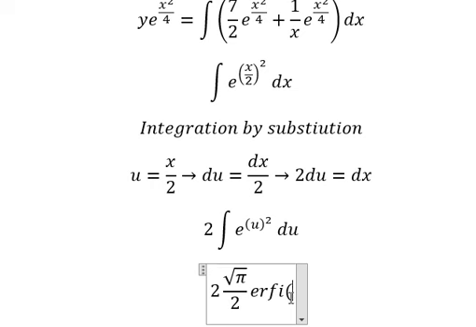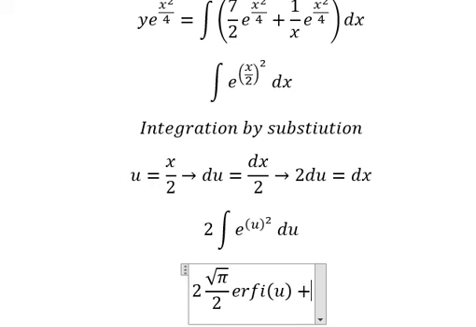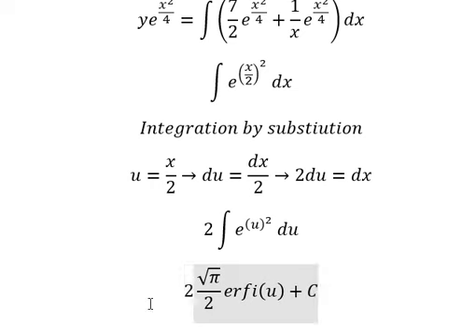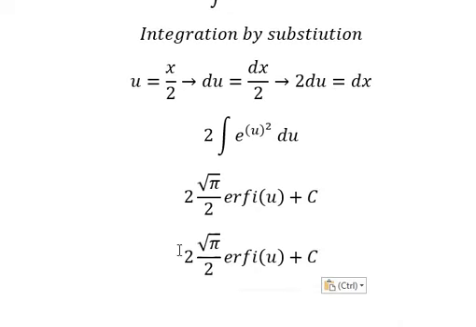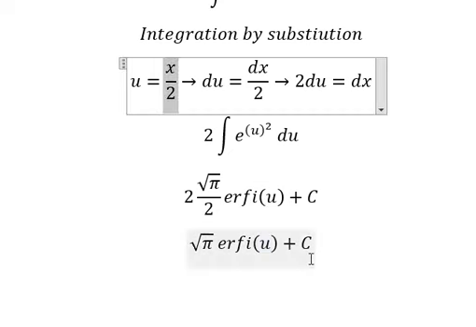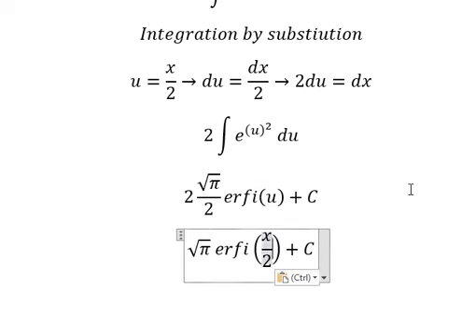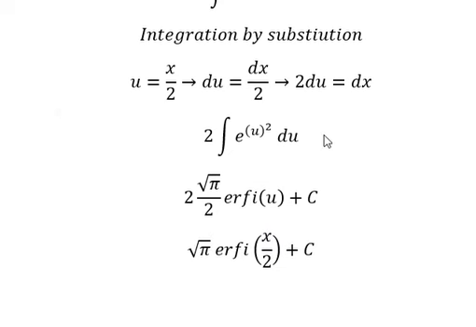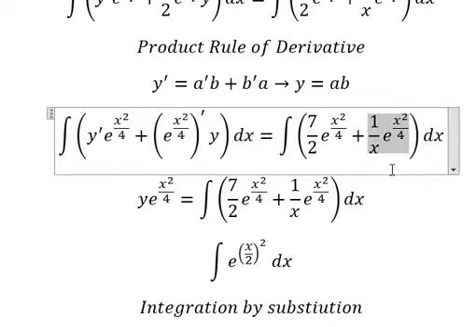And I will put c. So 2 and 2 we cancel. This one is about this one. Now let's go to the next one.